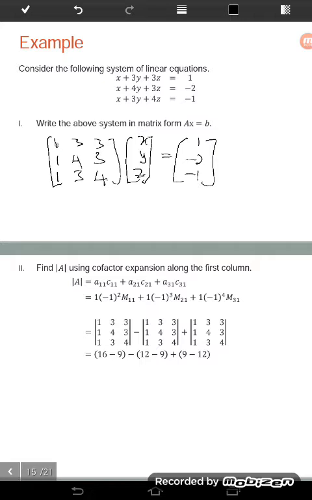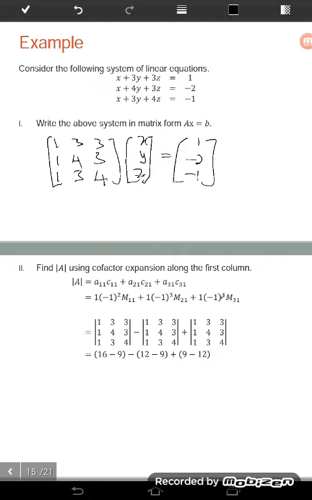This one is the first row, first column, so negative 1 to the power of 2. And M11 plus the second one, which is on the second row, first column, times its cofactor 2, 1, so negative 1 power of 3 because 2 plus 1, times M21. And then next, the third one, on the third row, first column. So 1 times negative 1 power of 4, because 3 plus 1 is 4.